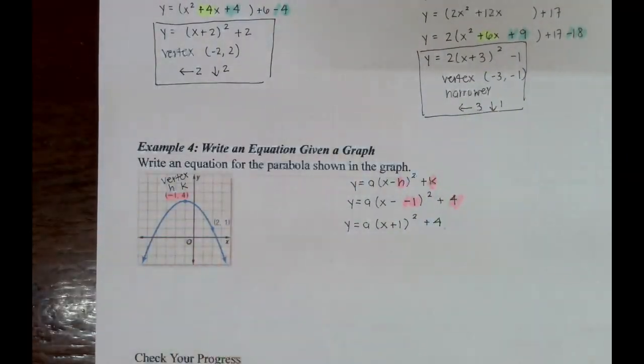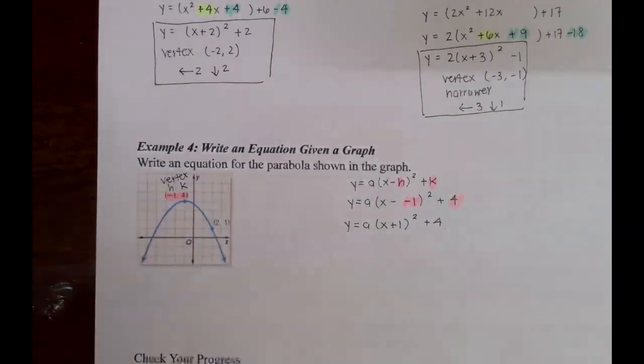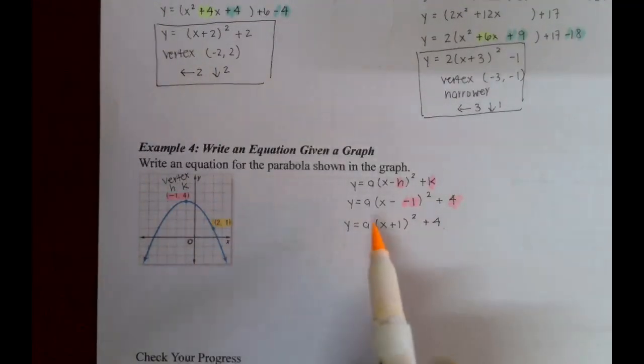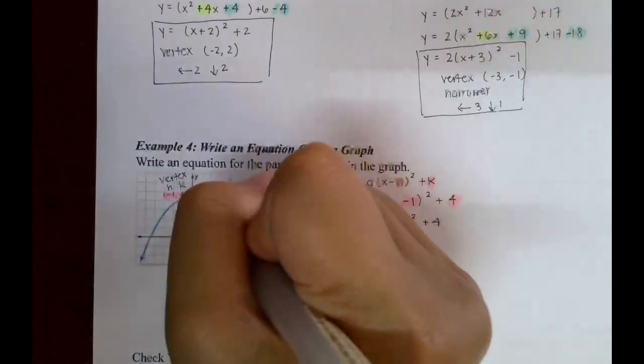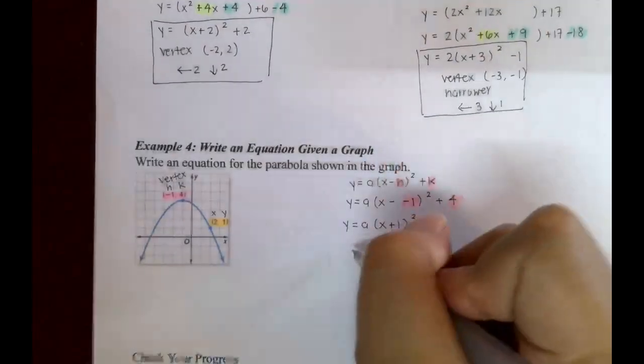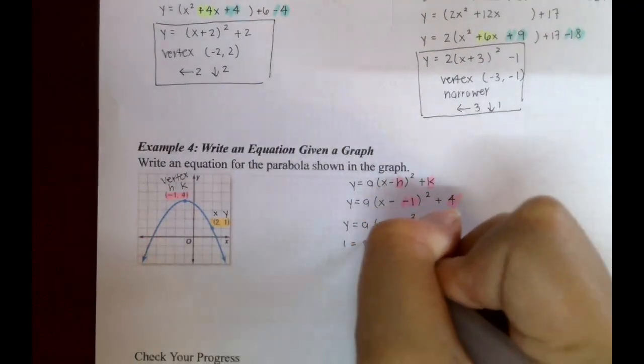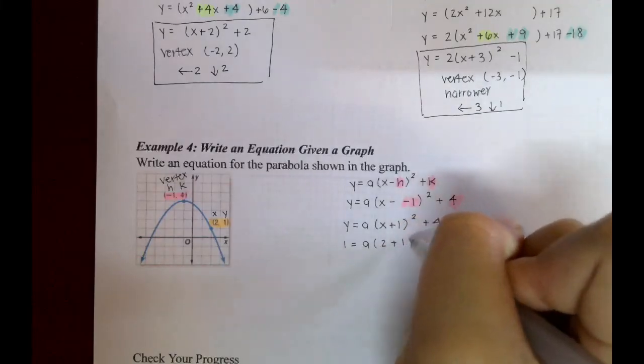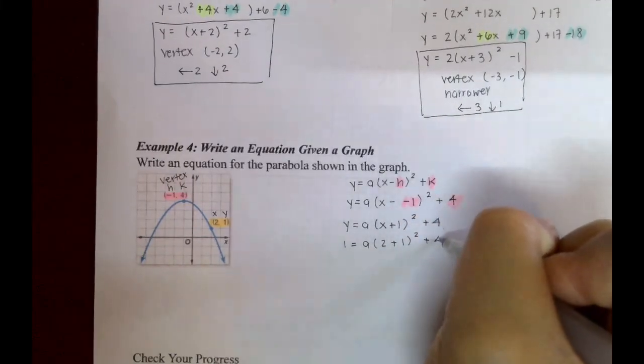Okay. Then what I'm going to do is I'm going to take this other point. So in order to solve for a, I'm going to plug this in for x and this in for y for the time being. So then I'm going to do 1 equals a, 2 plus 1 squared plus 4.